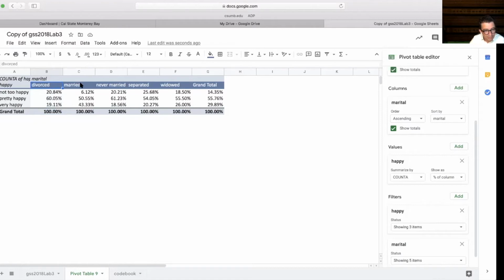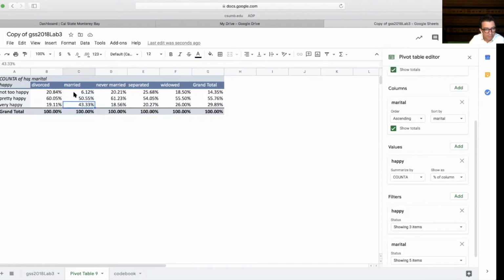Now let's compare that to the distribution of happiness for those who are married. Out of those who are married, 6% are not too happy, 50% are pretty happy, and 43% are very happy.